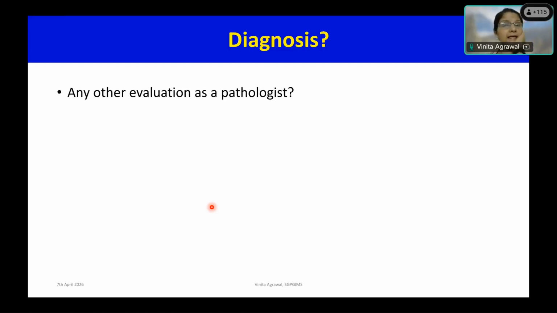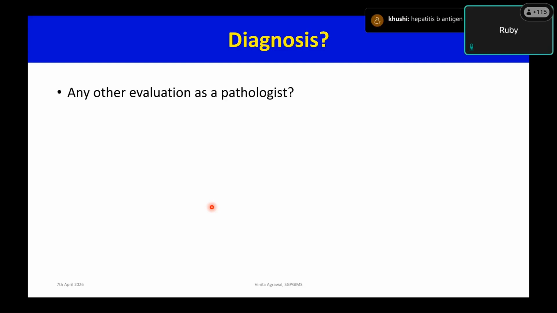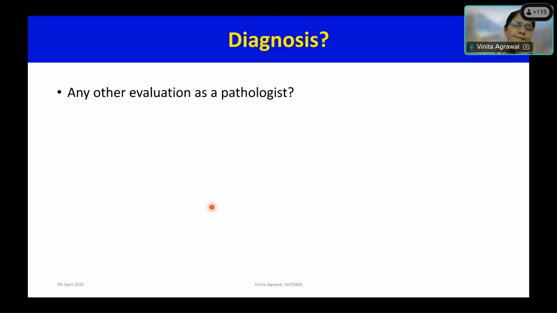This was a very clear-cut case of membranous. Anybody else can answer? Hepatitis B. Electron microscopy. Electron microscopy, why? If you want to confirm your diagnosis, yes. If you're finding any other odd feature that you're thinking of something which is a secondary cause of membranous, then yes.